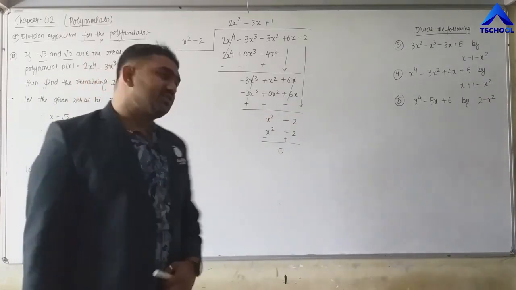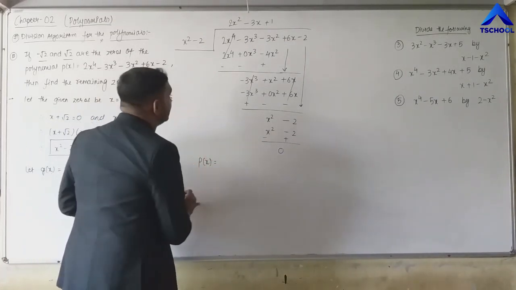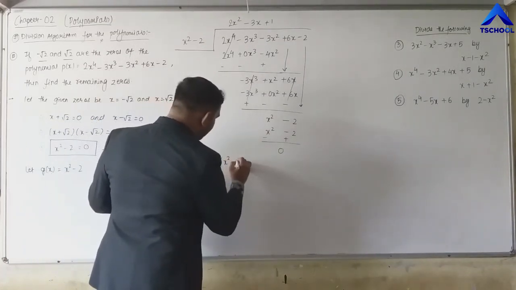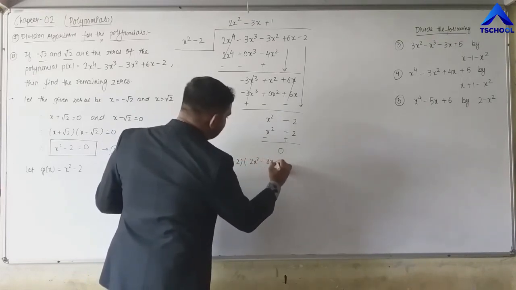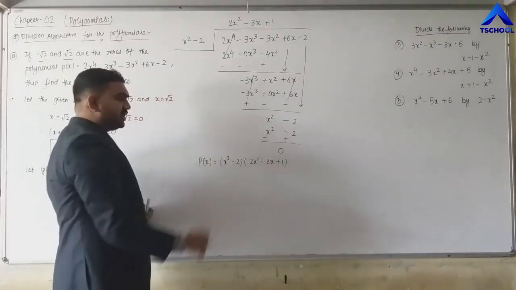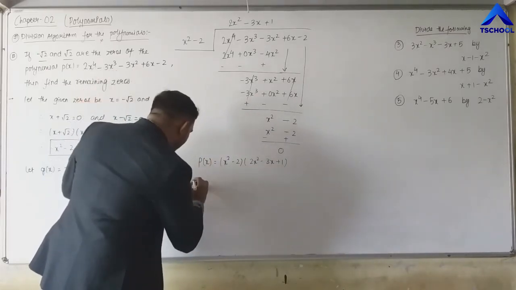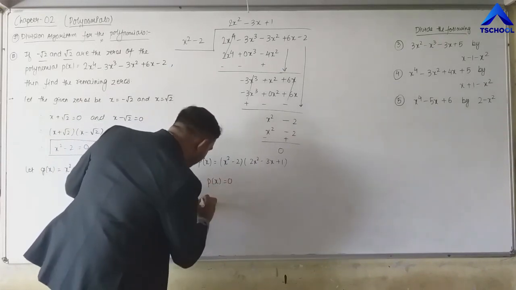Is it clear, everyone? So, writing down the division algorithm, p of x is equal to x square minus 2 into 2x square minus 3x plus 1. So we got the factors because the remainder is already 0. Finding out the zeros, let p of x equal 0.